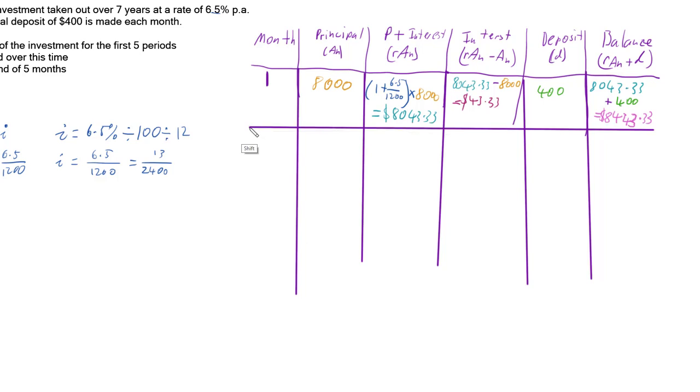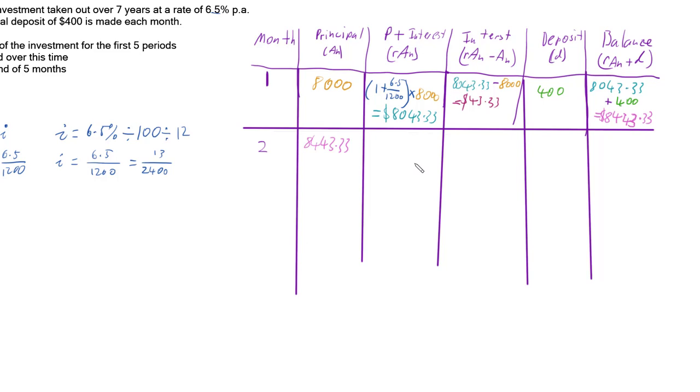So now let's have a look at the second period. Our principal this time is our balance that comes down. So I take my finishing balance, the end of the first month, which is where I start the second month. Now I multiply by the 1 plus 6.5 over 1,200, and I won't show the calculation.